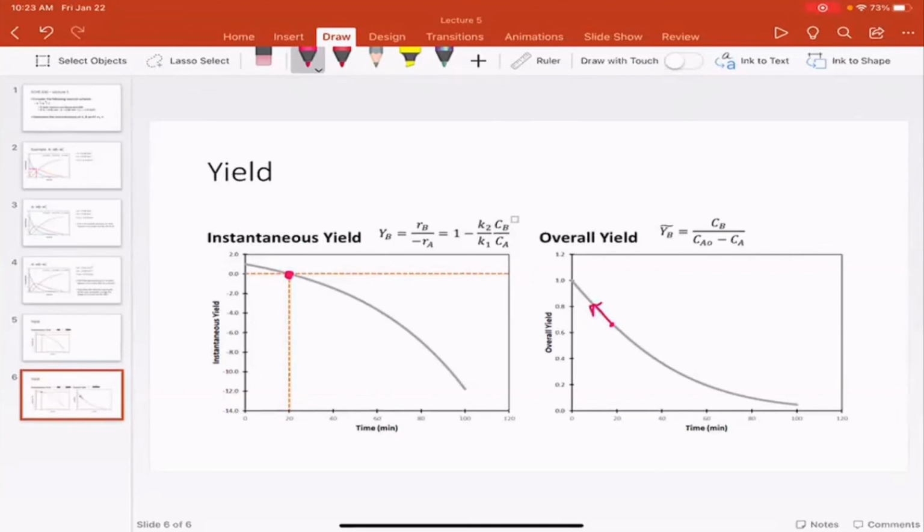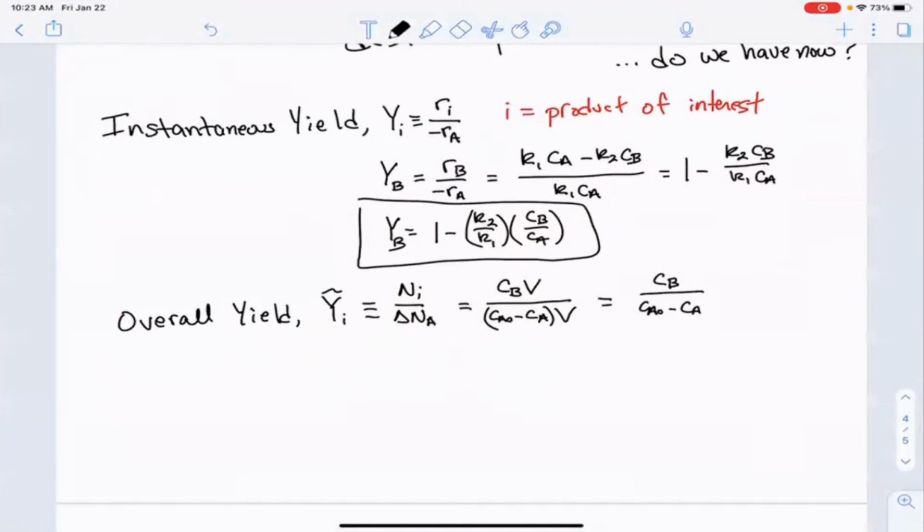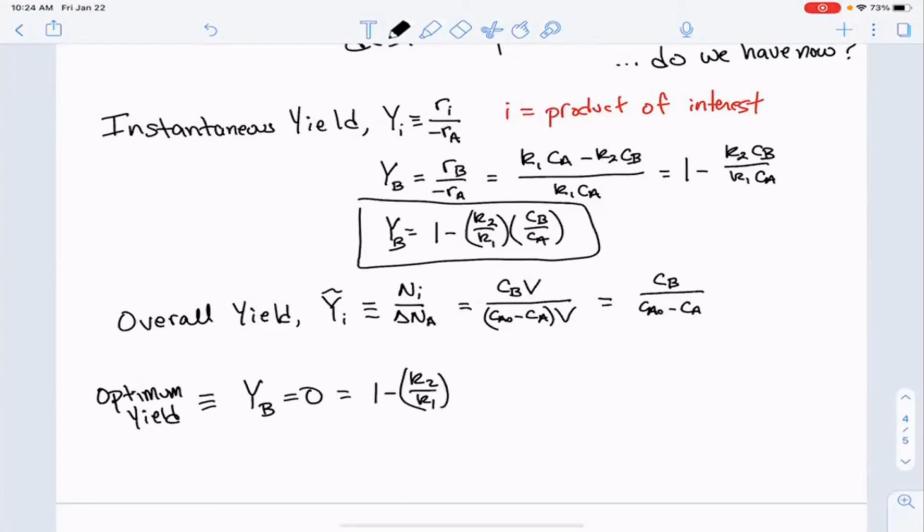That is a really good question, and it goes back to the same thing that we were talking about just a minute ago with the activation energies, because we had our optimum yield where YB was equal to 0. So our optimum yield, which is when we maximize the concentration of B, occurs where that is equal to 0. And of course, we have a relationship for this. It's 1 minus K2 over K1 times CB over CA.